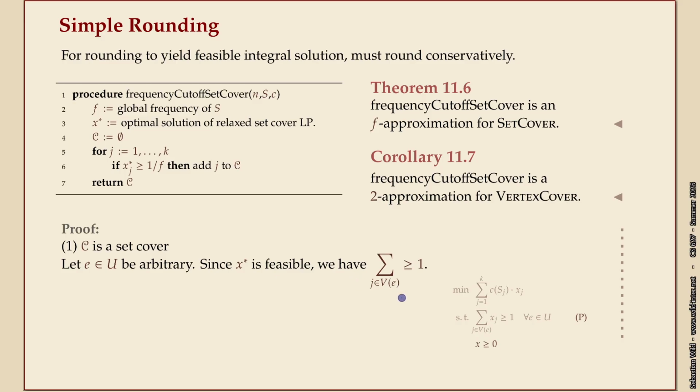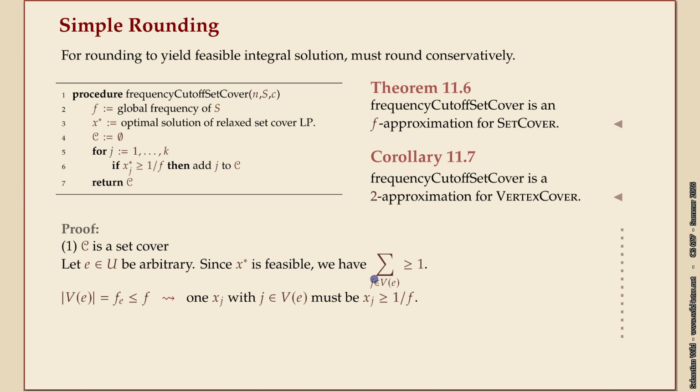So we have the sum is greater or equal 1. You're summing the values of these sets. Now, again, it's a fractional solution, so these could be any number between 0 and 1. You're never going to get larger numbers in an optimal solution. Now we know that every element occurs in exactly f_e sets, that's how we defined it, but in at most f for the global frequency.